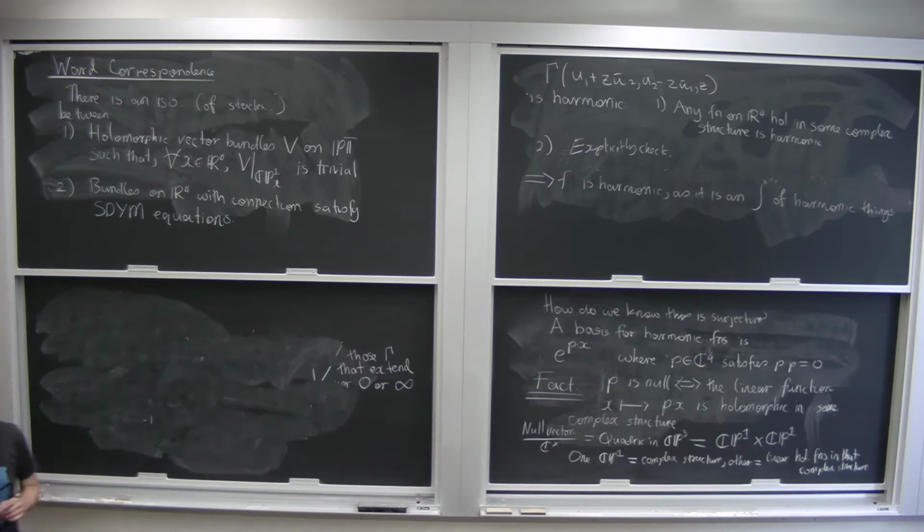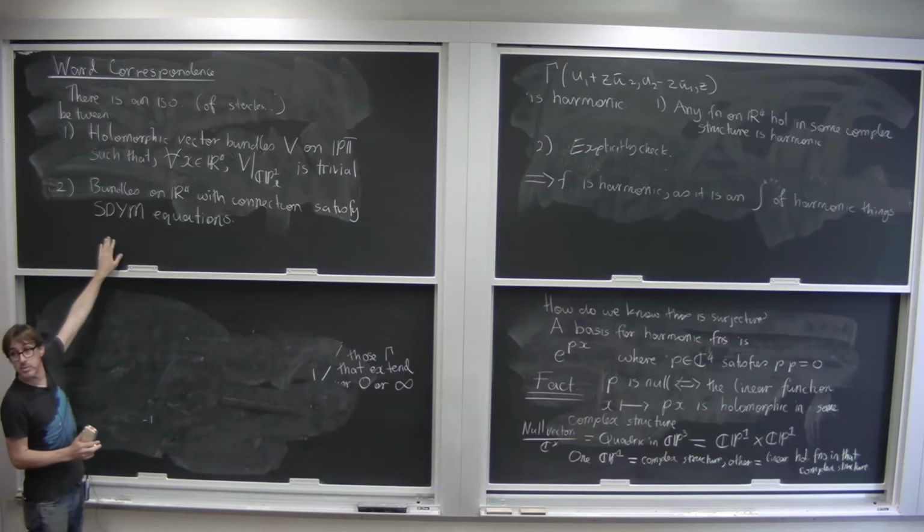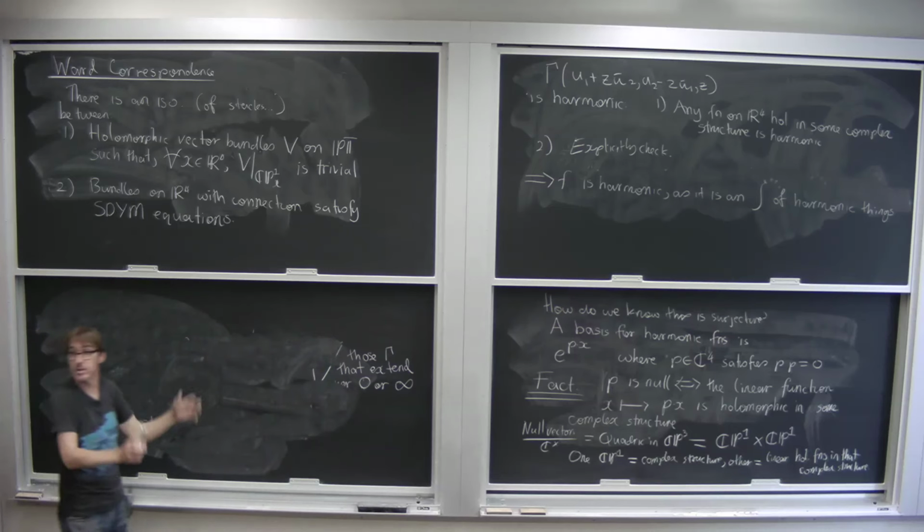It's not compact, no. It's like CP3 with a line removed, with a CP1 removed. So if I was to do the twistor space of S4, it would be all of CP3. Then this would be compact, but then this equation would be an elliptic equation on a compact manifold.